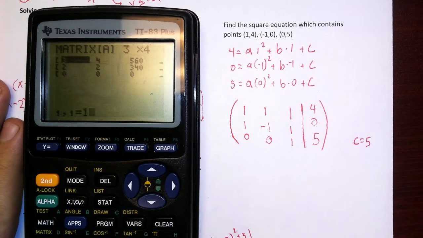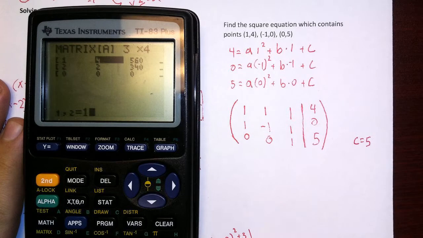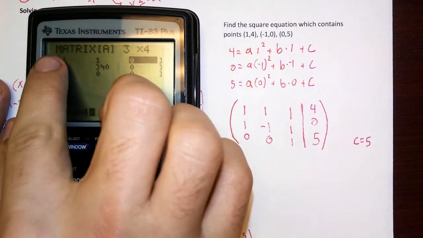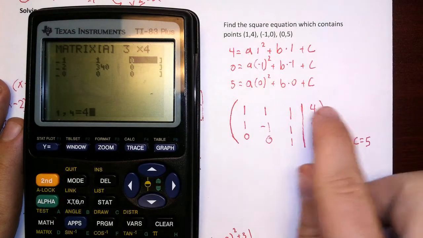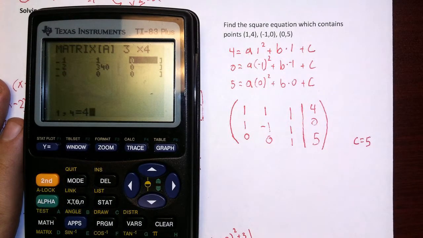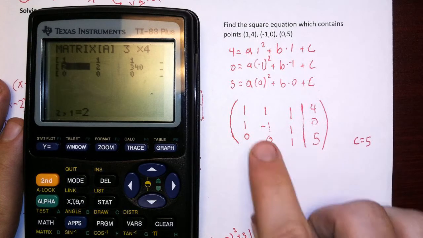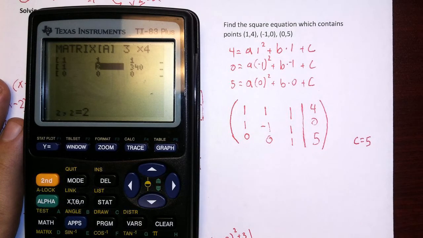So 1, 1, 1, and 4. Side note, the calculator goes from left to right, so you can just enter the data as you go and hit enter after each number. It should catalog all that in there. Just entering my data in, and we can review this once we're done to make sure that we entered it all correctly.